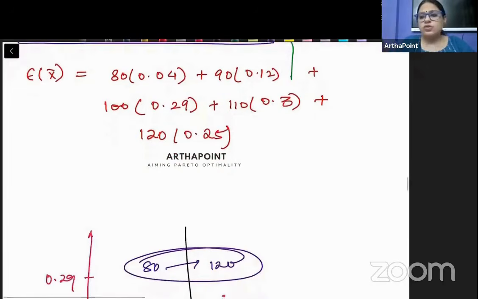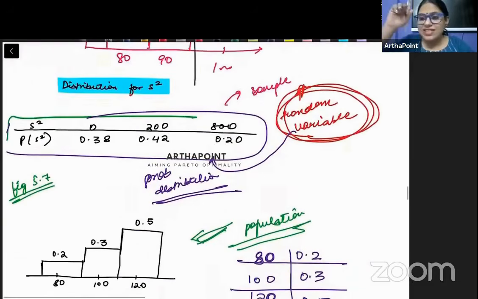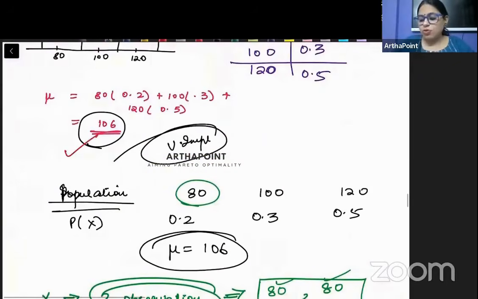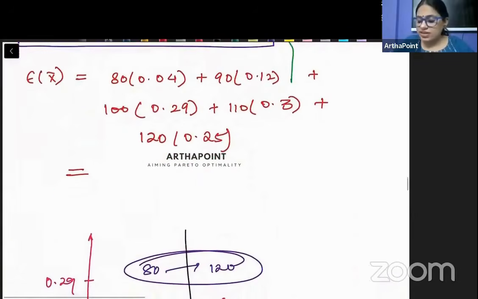And when you will solve this, आपको realize होगा कि यहां से जो आपको value मिल रही है, the value that you are getting is exactly the mean of the population. आपको इसको solve करके exactly 106 ही मिलेगा.